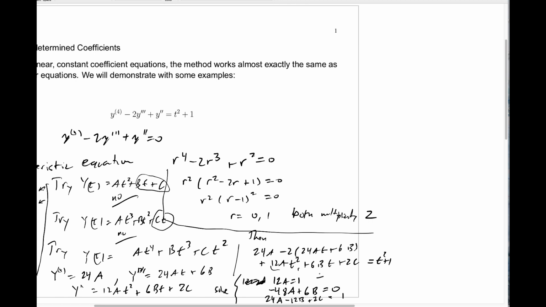Immediately here we can see that a must be 1/12. From this equation here, we can tell b must be 2/3, because this is minus 4, and then we need b to be 2/3 to get plus 4 to equal 0.